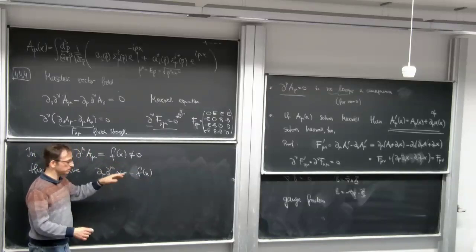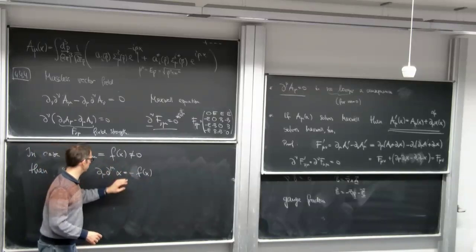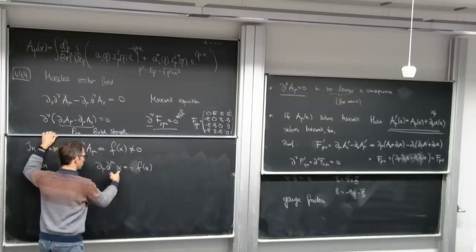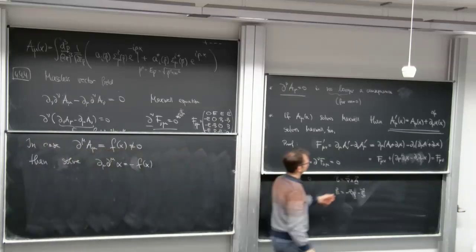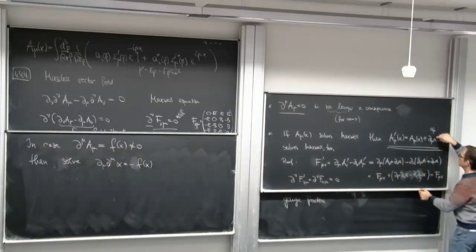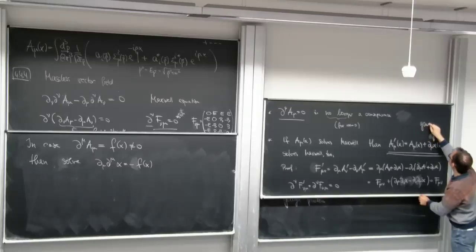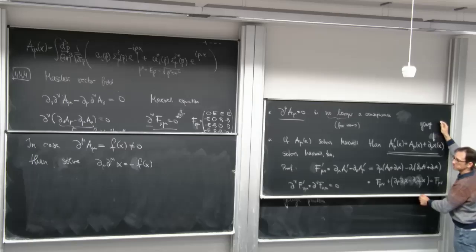Now you have to show that the solutions exist. Let's say they exist. Then we use this alpha as our object here, which is called the gauge parameter.